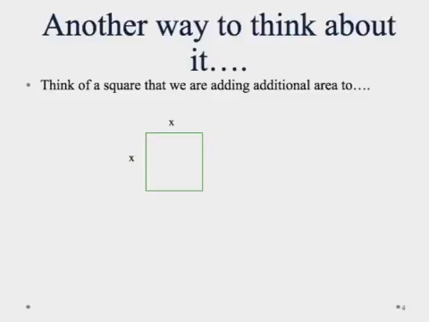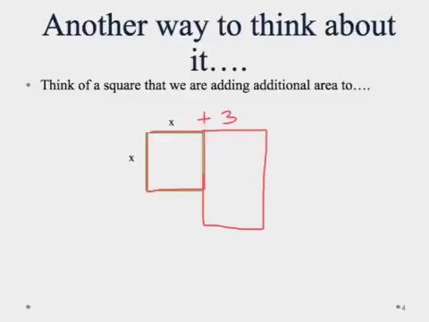Another way of looking at the problem is to think of a square that we add some dimensions to. So let's have a look. Here's our square. Let's add another length to it of 3, plus 3.